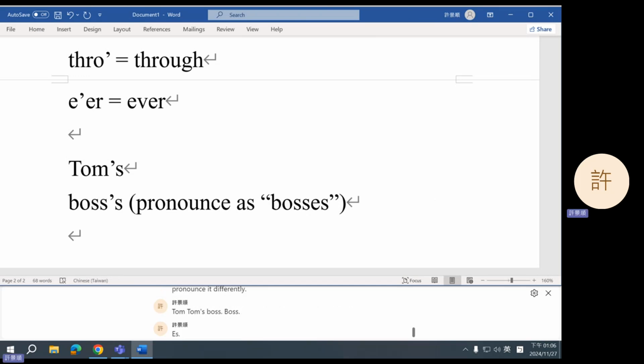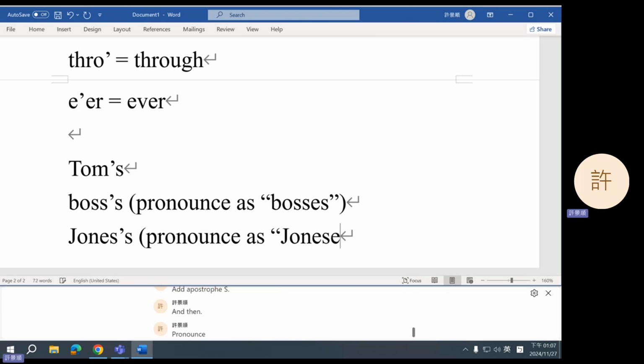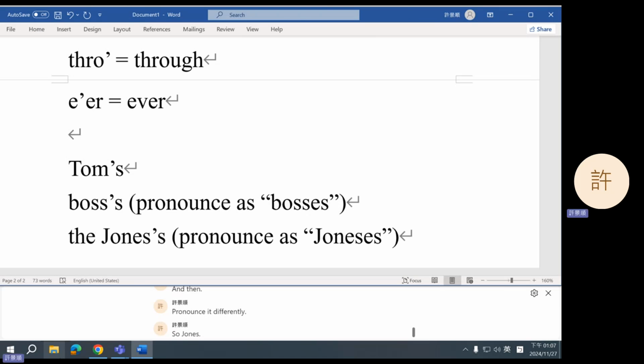And if it's a plural noun that ends in S, add apostrophe S, and then pronounce it differently. So, Jones is a family name.